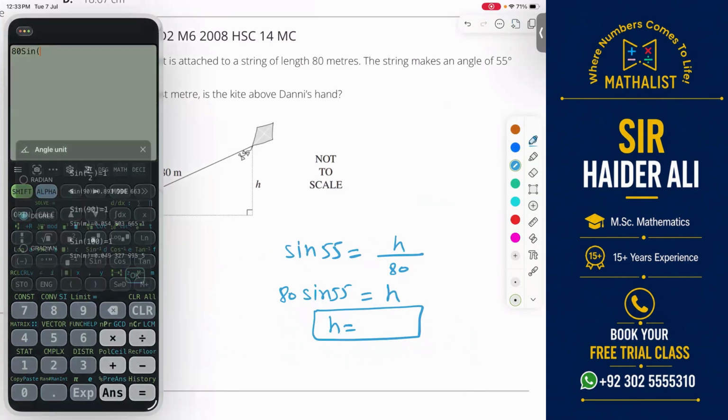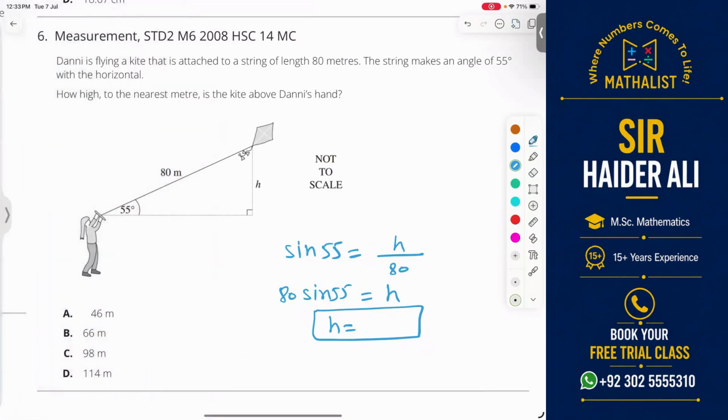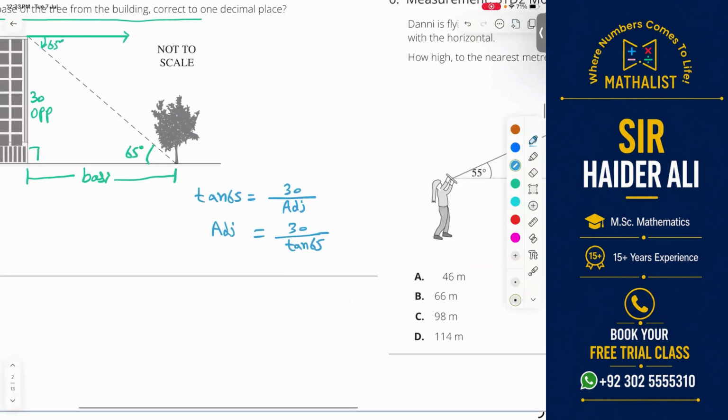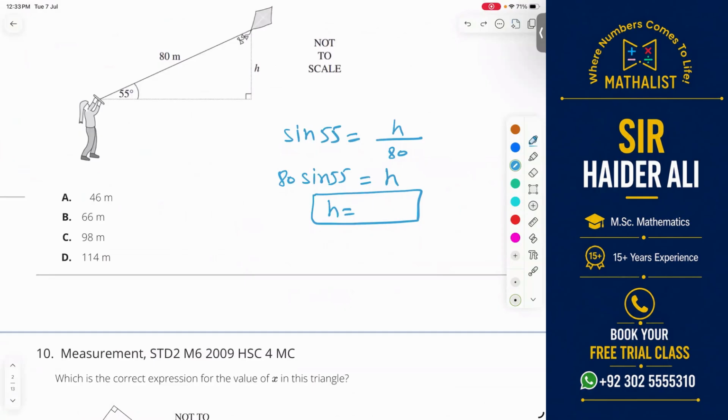But how come in the other questions we divided, but now we're multiplying? It depends upon the scenario. It's just an equation, and you have to find the answer. Adjacent was dividing, it moves to the other side and becomes multiplication.